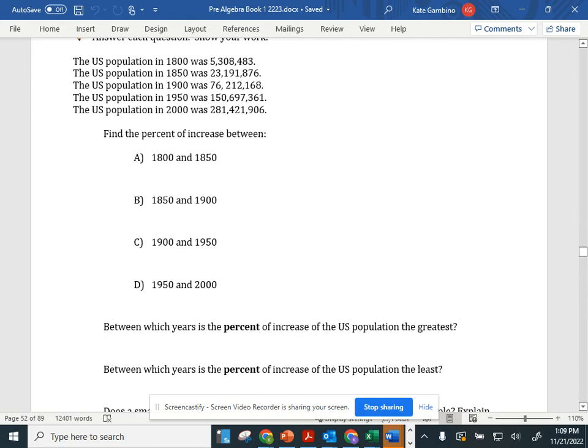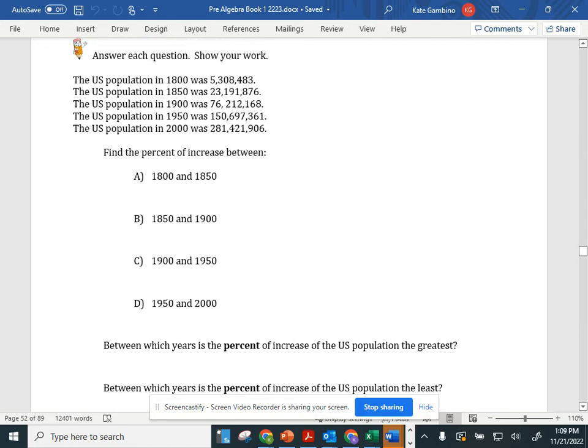Okay, let's look at our second page. We're going to be using this U.S. population information to find these percentages. So find the percent of increase from 1800 to 1850. So what's our original value going to be? It's going to be the first one.